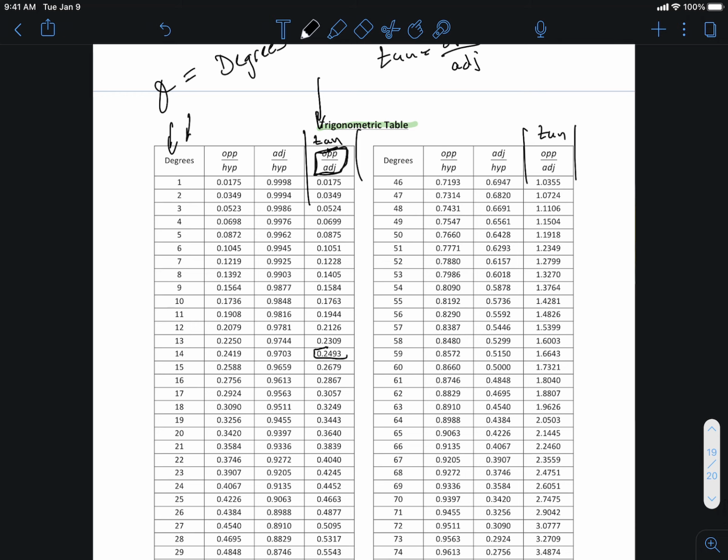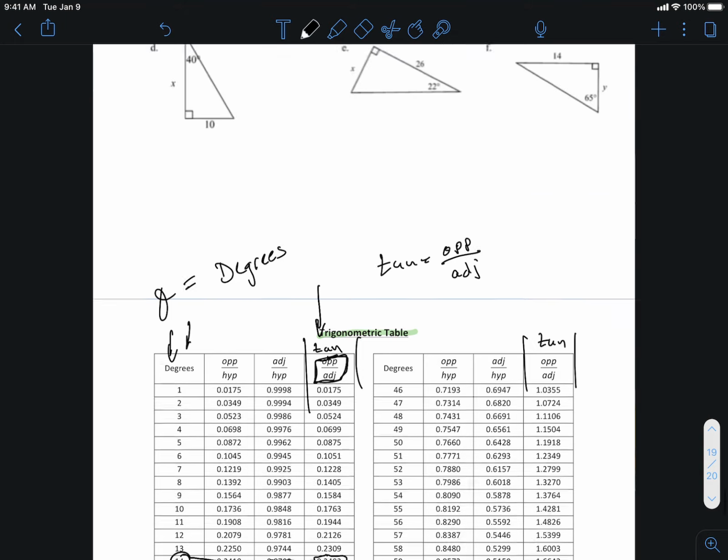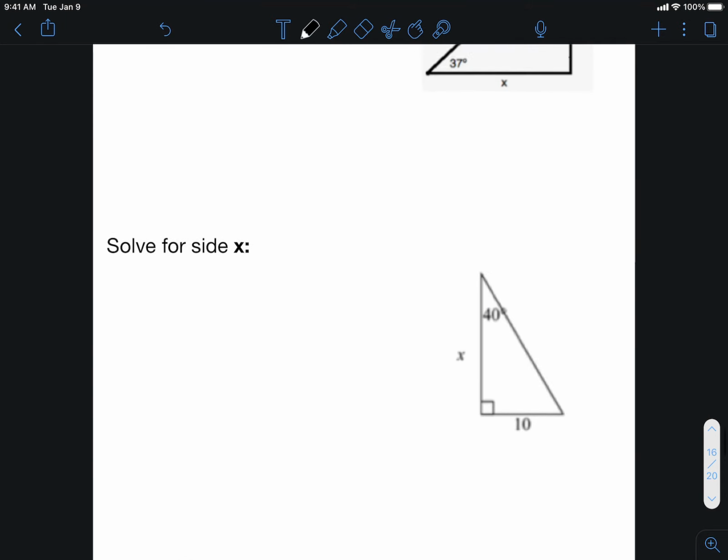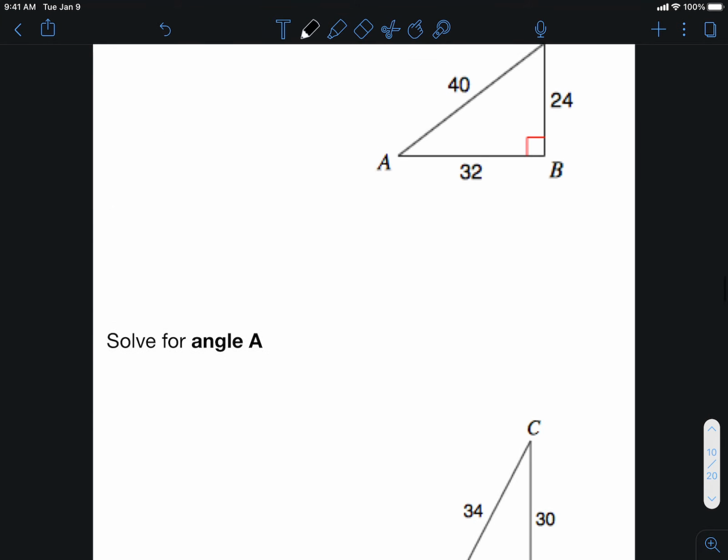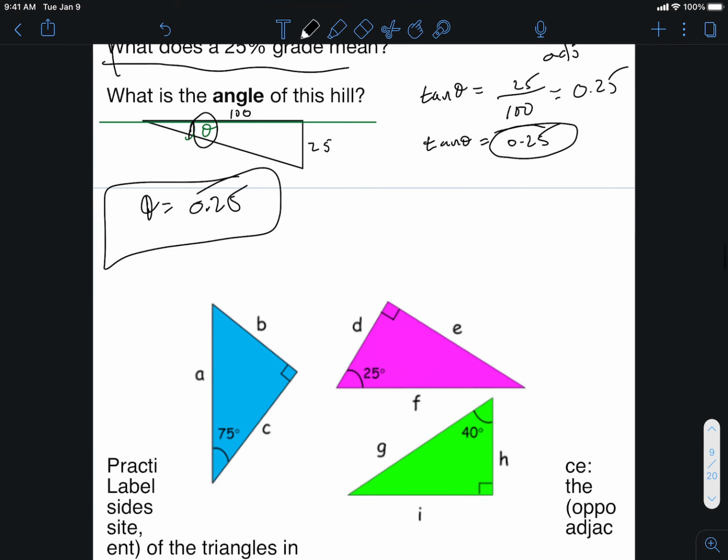I know it says 0.249, but we can round that up. That looks like 0.25. Well, what's the angle that's associated with that? 14 degrees. Right? Which means, okay, we go back up. Theta equals 14 degrees.